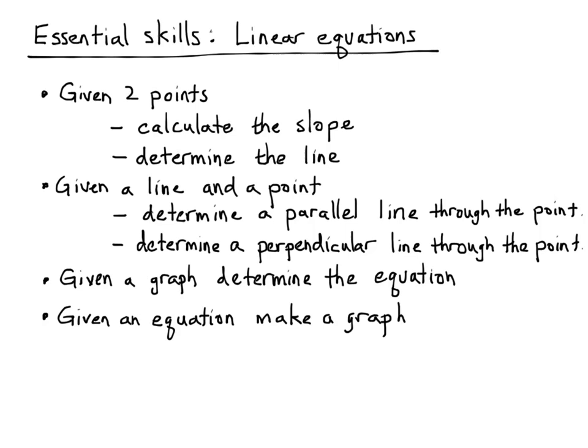You can read whatever is accurate, and oftentimes reading off the 2 intercepts, the x and the y intercept, are the points to use. And also, in making a graph, you have several ways of doing that.